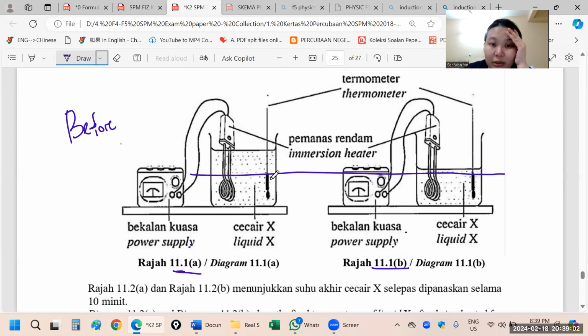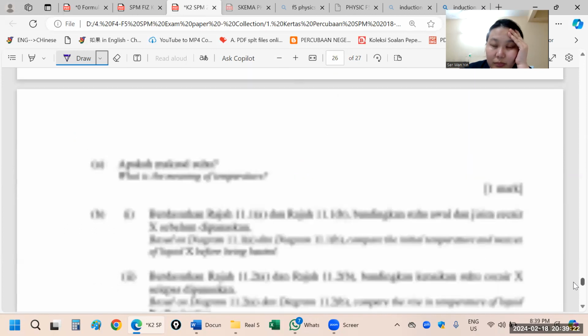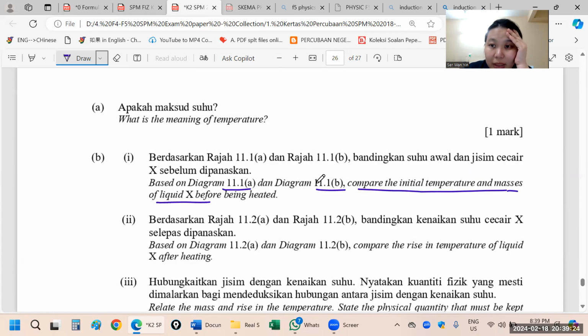If you draw a line, you can see temperature before for both are same. Then what they ask? They ask mass. So obviously, this one is bigger, more than this. So this one asking 11.1A and 11.1B, so you must answer A and B on 11.1 AB only.